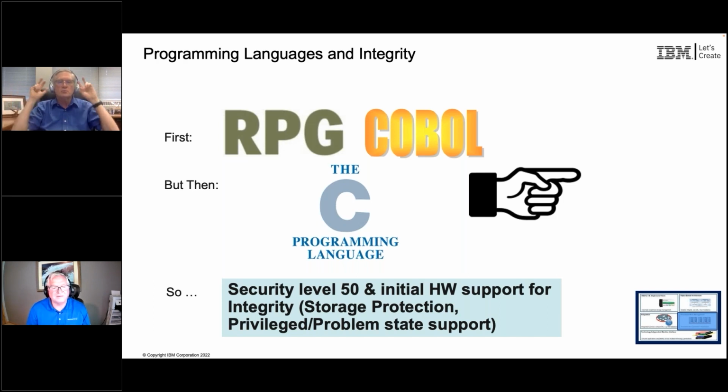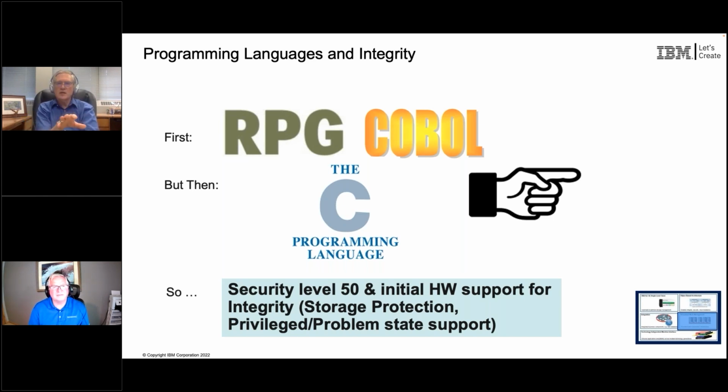So the things that were in the problem state, which is essentially the application state, they could not generate a pointer and use it if it was being used by programs that were running in the privileged state. And we had hardware that helped us protect that. Okay, that got built into the processors that ran release 2 and later.